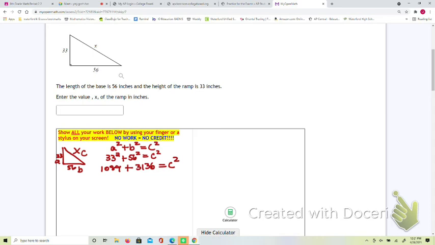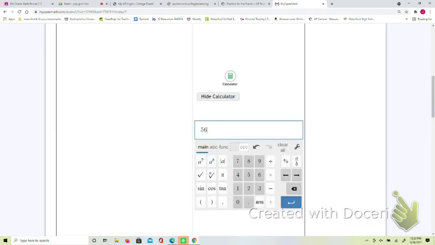Anthony, good morning. I let you sleep. Okay, we are on exponent review number 1. Okay, now I have to add those. 1089 plus 3136 is 4225.